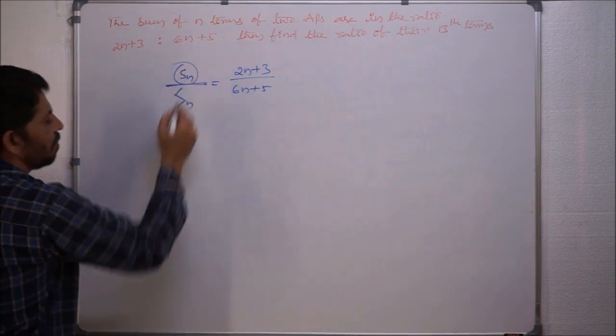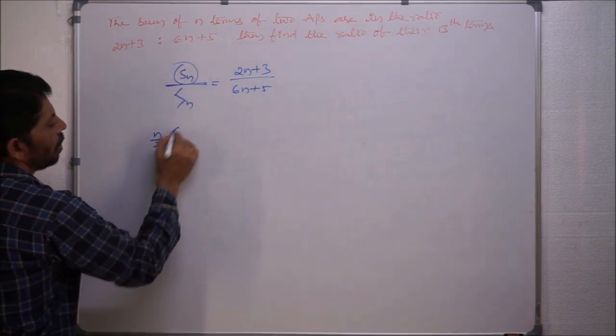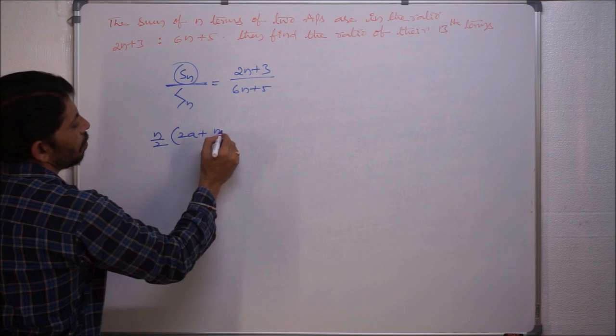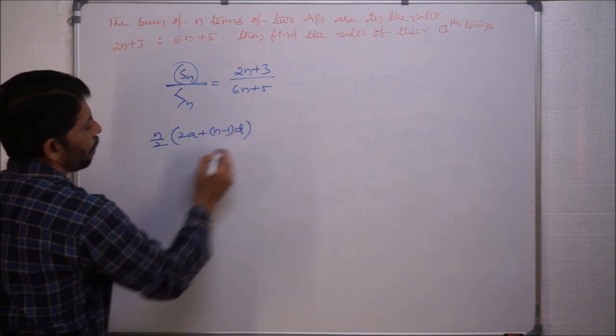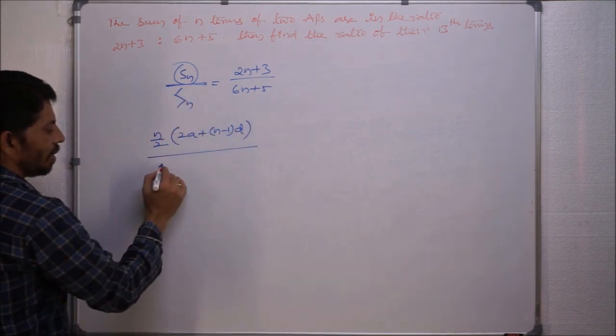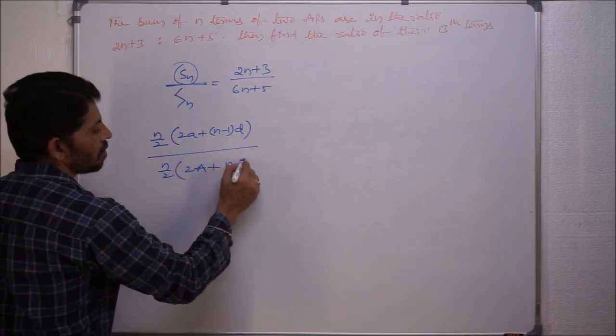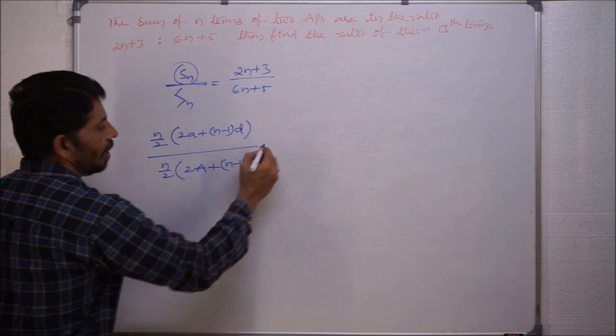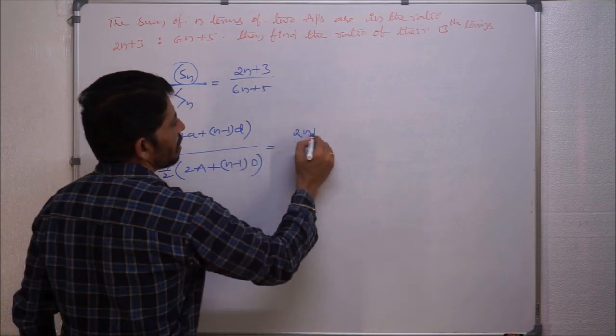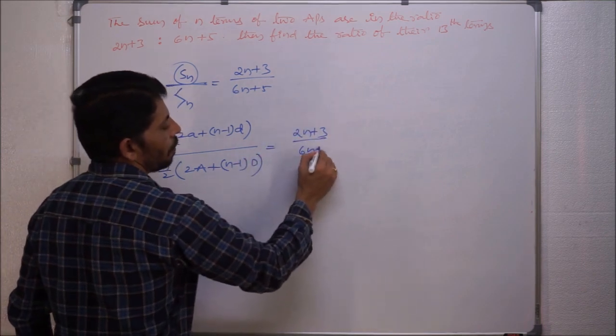So here, we know the sum of n terms is n by 2 into 2a plus n minus 1 into d, and here also n by 2 into 2 capital A plus n minus 1 into capital D, and this is 2n plus 3 by 6n plus 5.